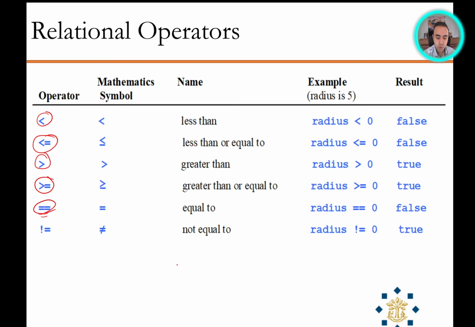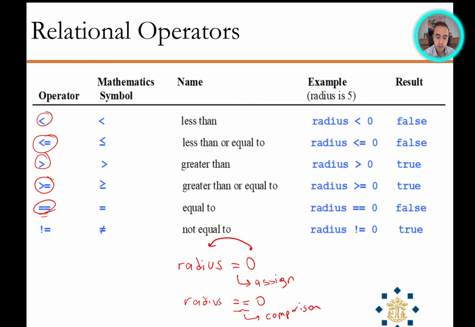So be careful. If you do radius equals 0, what it does is an assignment. It assigns 0, the right-hand side, to the left-hand side. But if we do radius double equals 0, now this is a comparison.